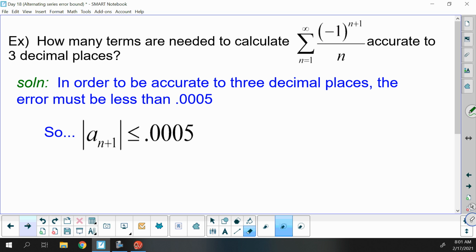So we want our next term to be less than that. The way I suggest to do this is identify the error term and then know it's one before. So we don't care about the minus because we're doing absolute value.